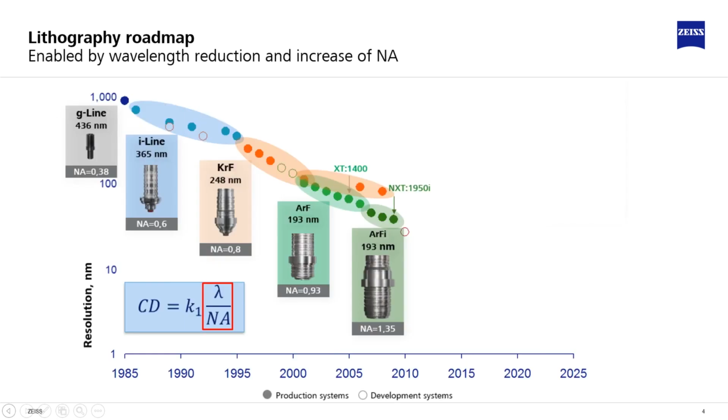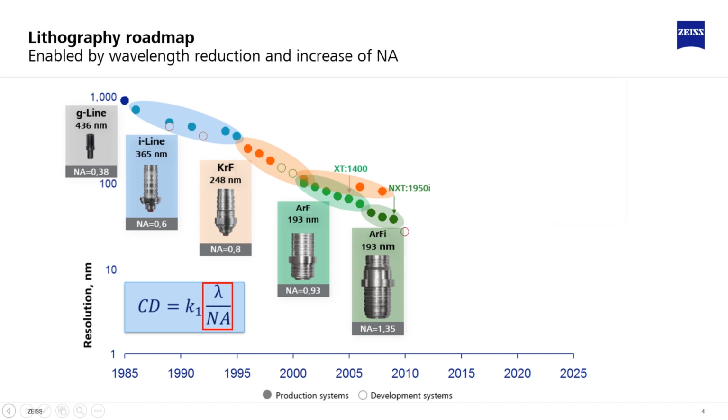During the last decades, a new exposure wavelength has been introduced a few times to continuously improve the resolution. It started in the early 80s with the so-called G line of the mercury lamp and went from I line to KRF and ARF. Within a given wavelength, the NA was increased from product to product and K1 lowered. Shown are the optical lenses with the highest NA within a given wavelength.